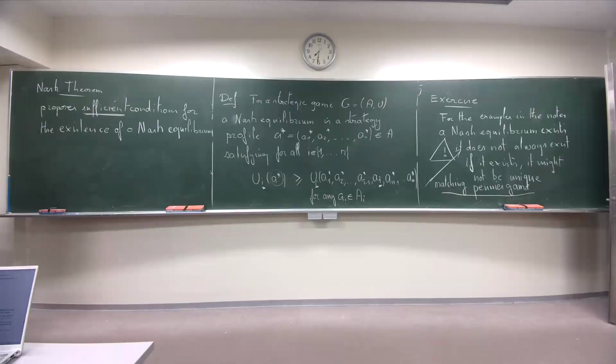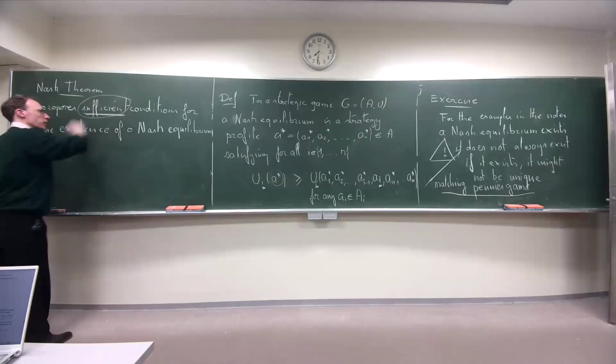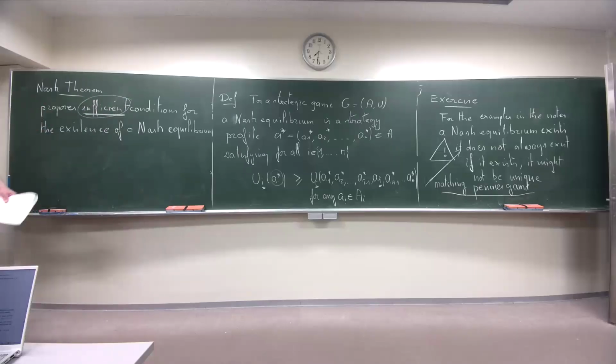They are sufficient, but it doesn't mean that they are necessary. So you may have a Nash equilibrium even if the conditions I'm going to state are not satisfied. So the word sufficient is important. It means if you are in this framework, yes, you have, but it doesn't mean if you are not in this framework that it doesn't exist.